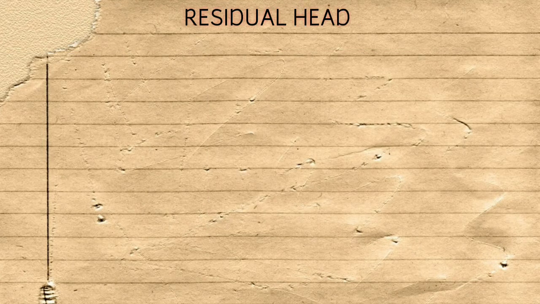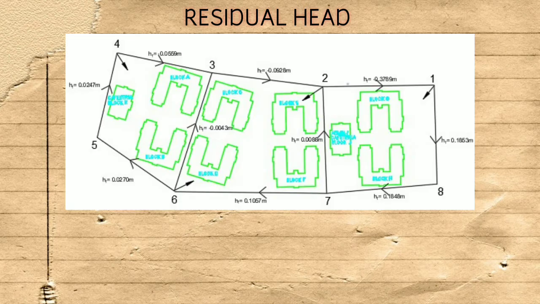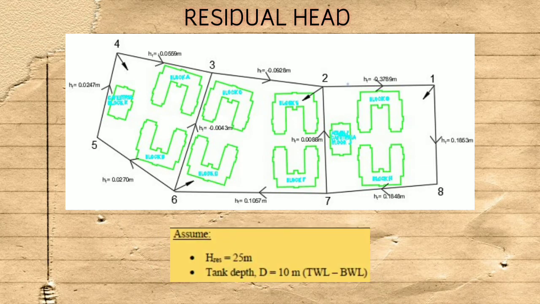Lastly, residual head. This is the layout where the friction loss HF of each pipe has been stated. We have assumed the value of H rise equal to 25 meters, which is the height of the elevated water tank. Then the tank depth D is equal to 10 meters, which is the top water level minus the bottom water level.